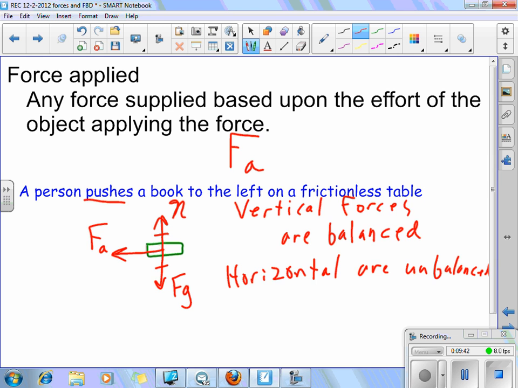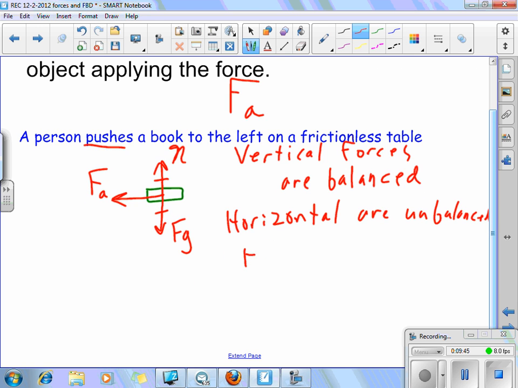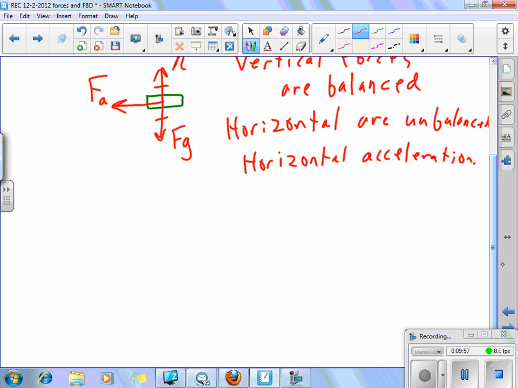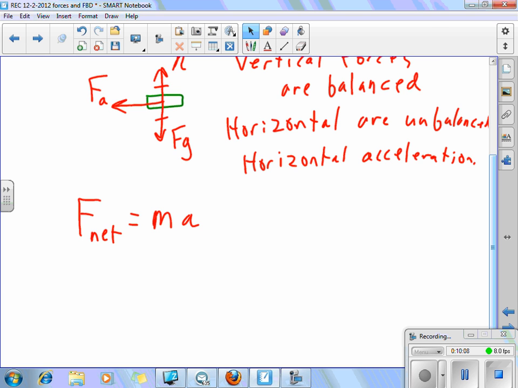Now if that's true, we must have a horizontal acceleration. So we have a horizontal acceleration. Now if that's the case, you can calculate this. If there's ever a net force, oops, sorry, F net equals ma. And that's how we find the acceleration.